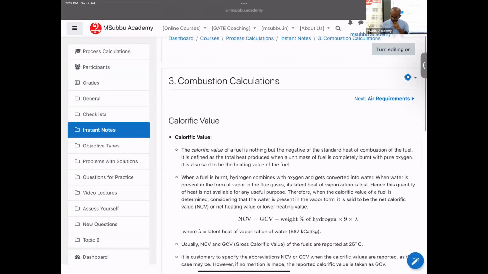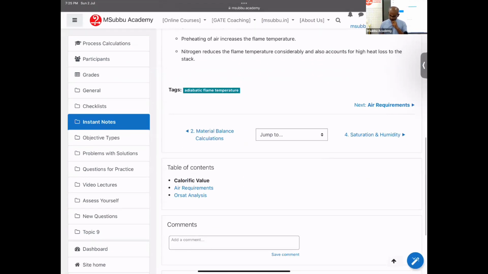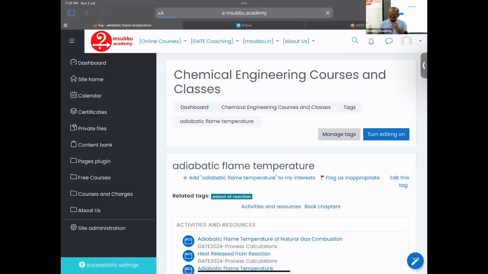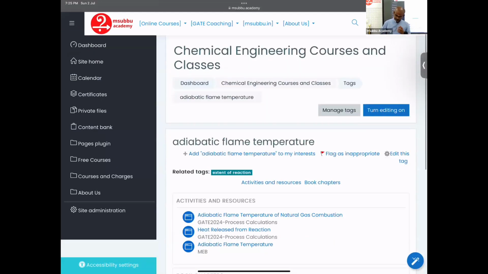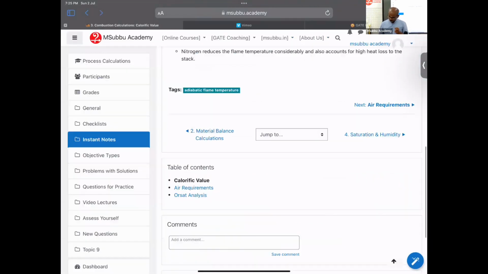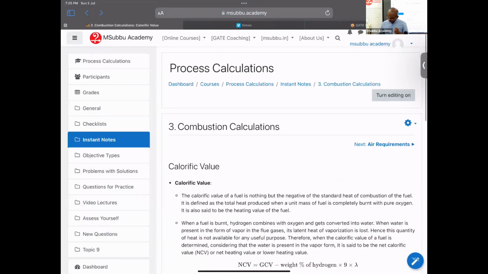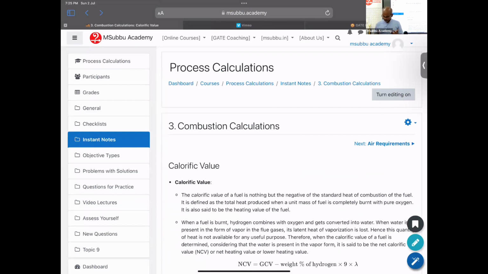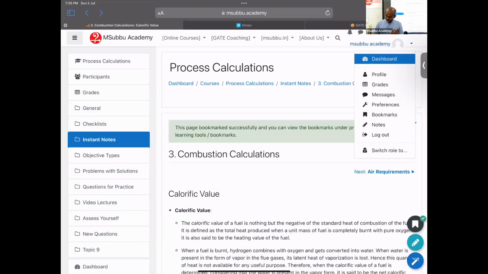And there are also nice features like these tags. These tags will help you get additional relevant materials. And not only that, suppose you want to refer to this page later, you can also bookmark this page. These bookmarks are saved in your profile.